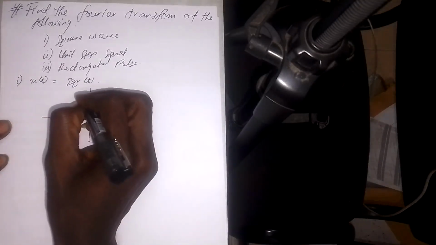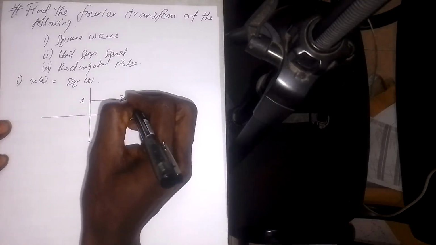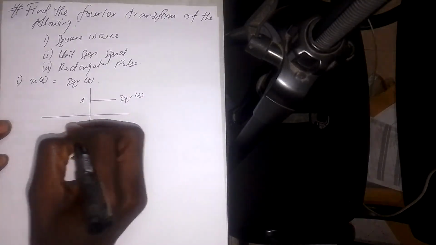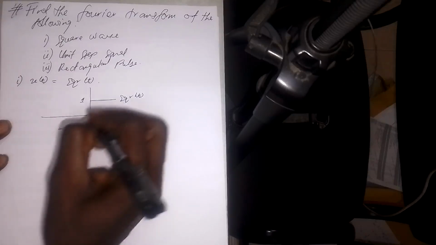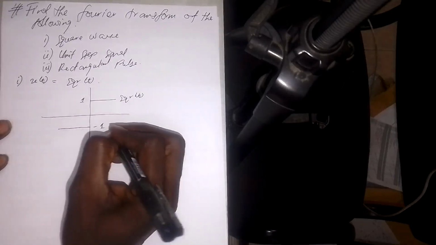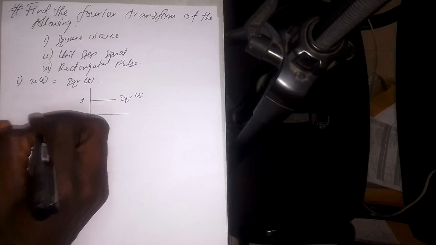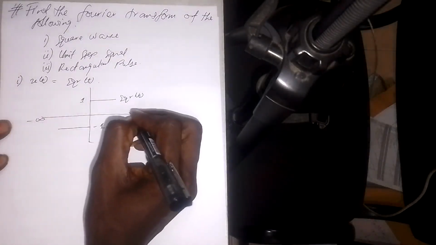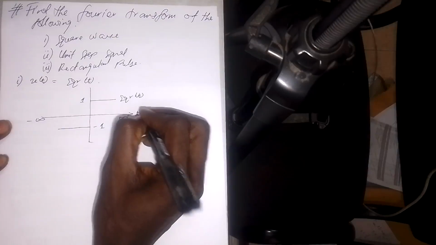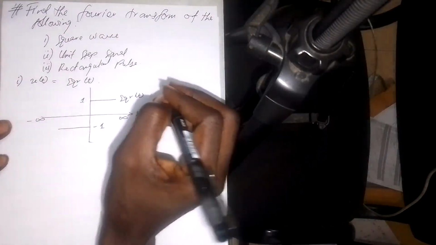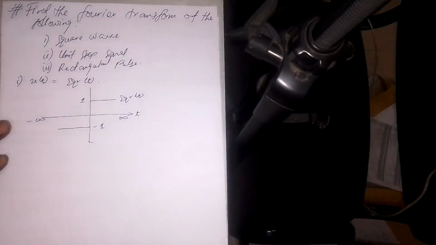Here you're going to have 1. This is the square wave of t, and this is how the square wave looks. Here is minus 1. Here is minus infinity, and here is infinity. Here is t. So now this is a square wave signal.